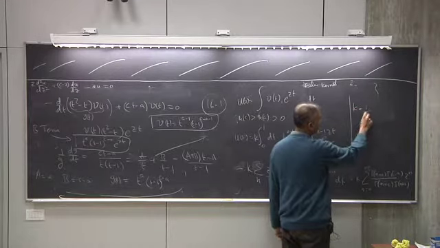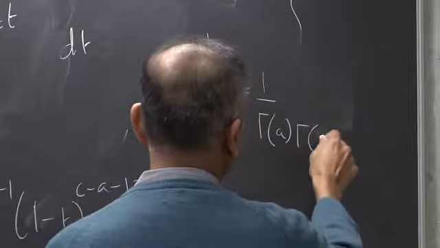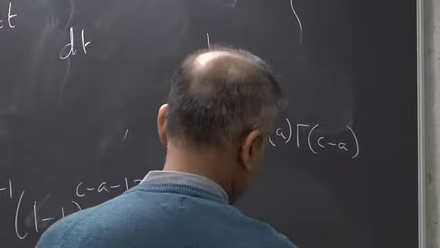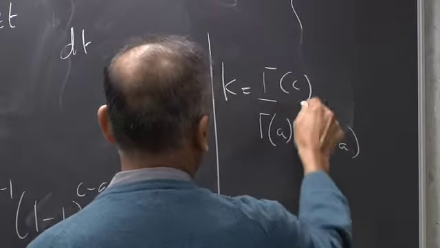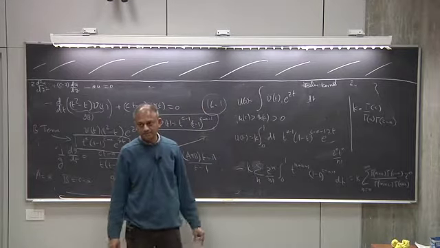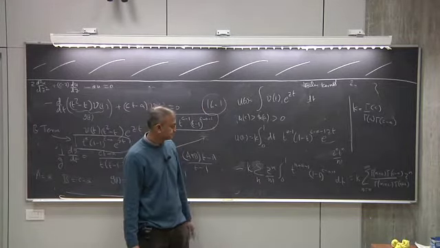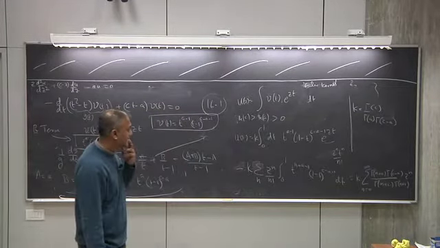So 1 over gamma a, gamma c minus a, and with n equal to 0 this is gamma of c. So choose k equal to that. Then this becomes normalized to 1 at z equal to 0.